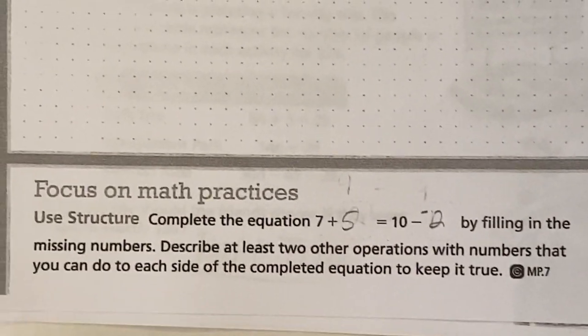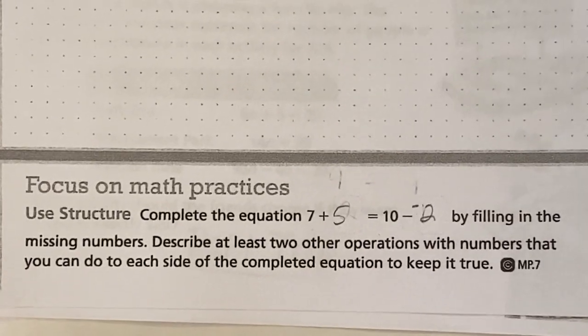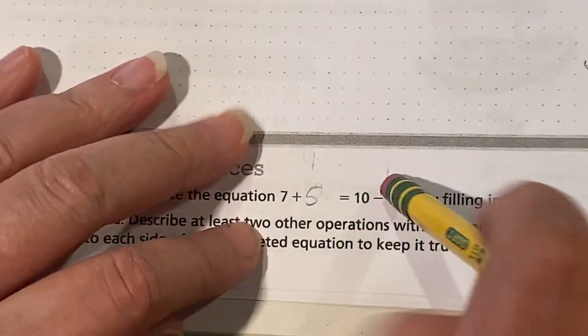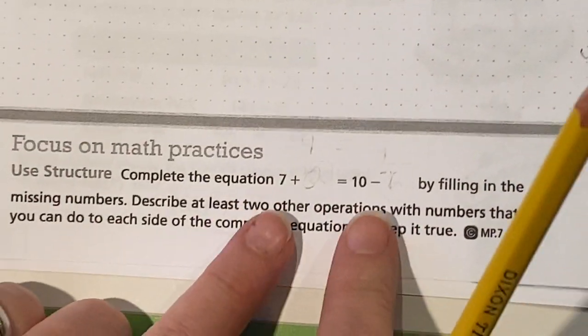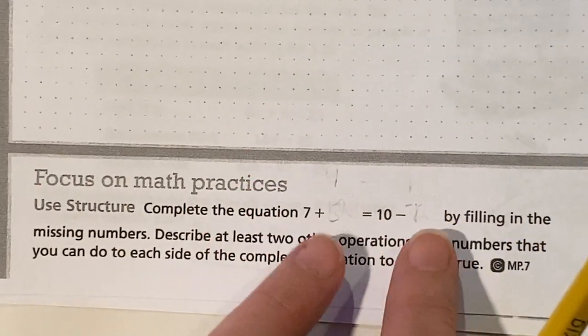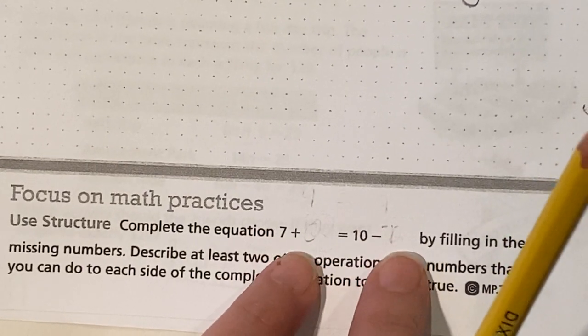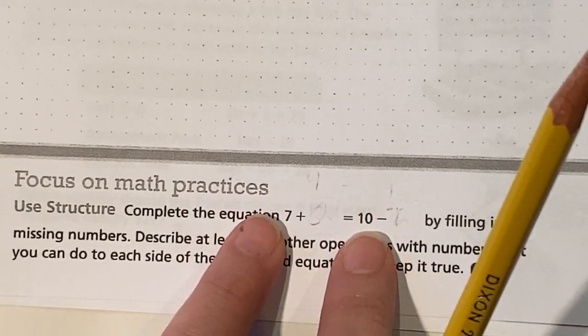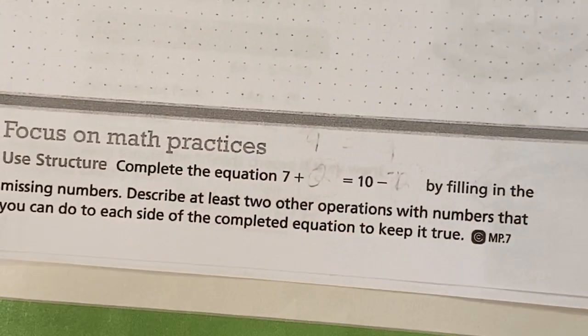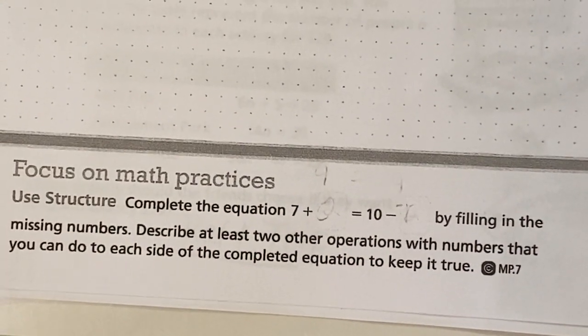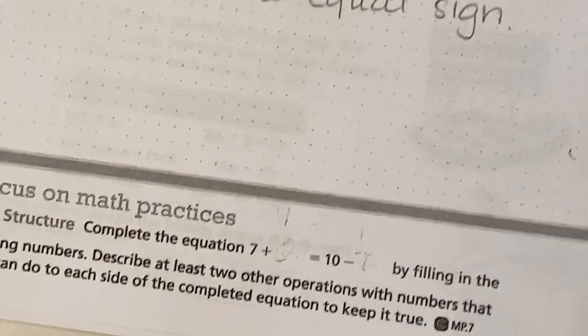Also still equal. Okay? So in this case, the values on either side of the equal sign were not equal to begin with. So to make them equal, we had to do different things. But if like 10 was on both sides of the equal sign or 7 was on both sides, then if we wanted them to remain equal, we would have to do the same things on both sides.